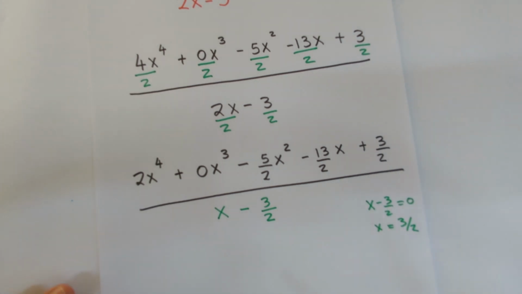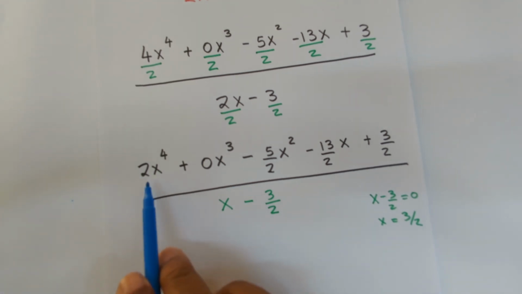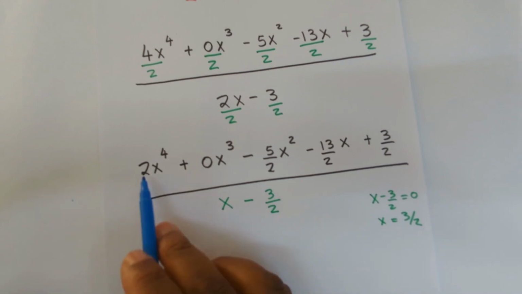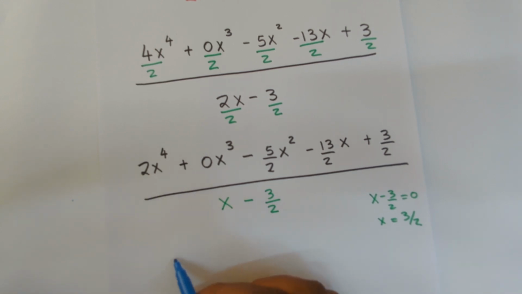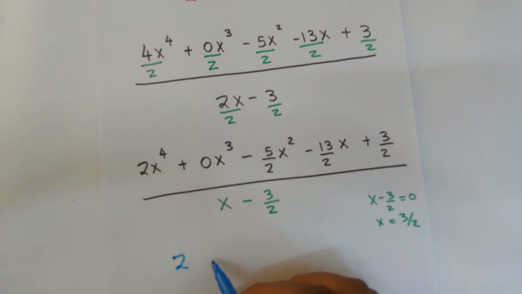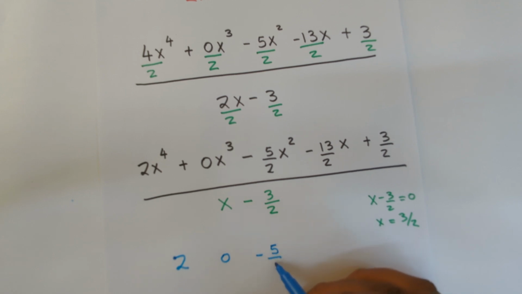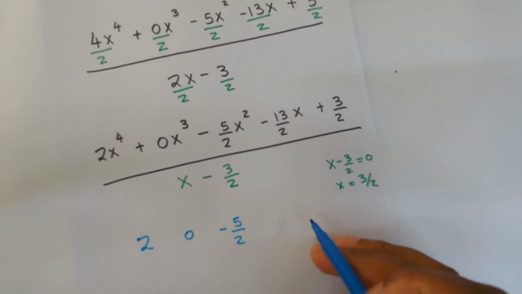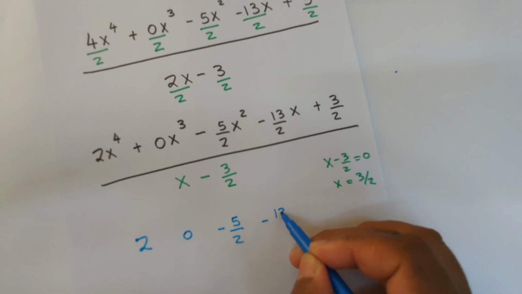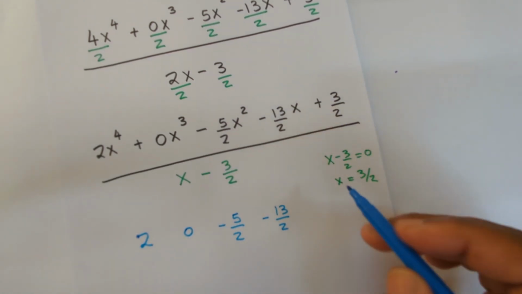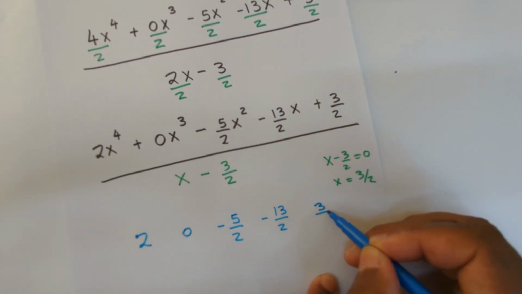Now we are going to write our coefficients of our variable x starting from 2. So we're going to say 2 followed by 0, followed by negative 5 over 2, followed by negative 13 over 2, and lastly followed by 3 over 2.